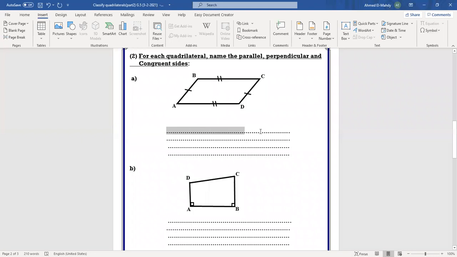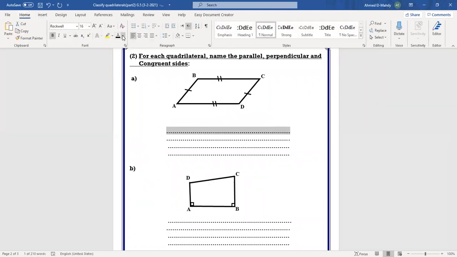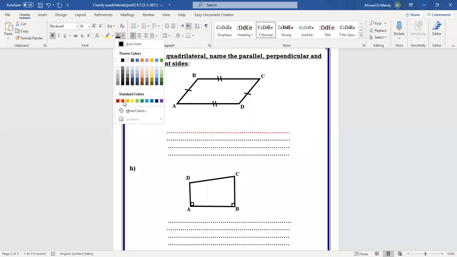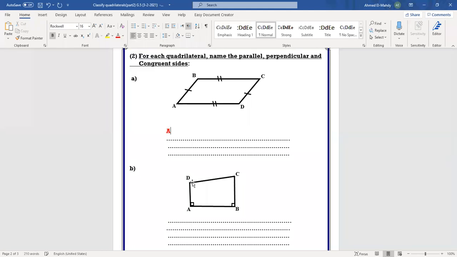The first two sides are equal here: AB equals CD. We have another two sides equal also: AD and BC. So each two opposite sides are equal.